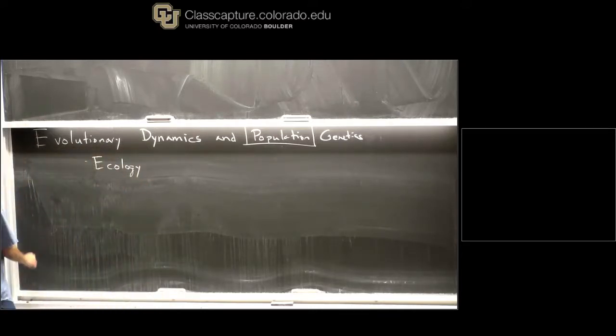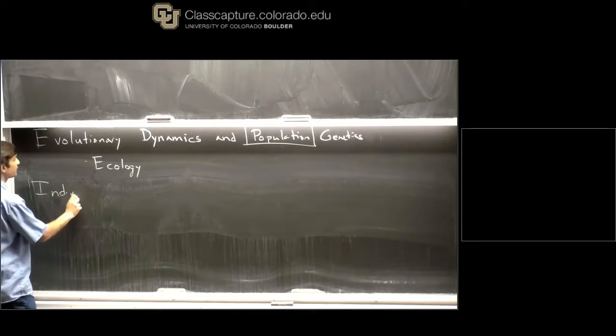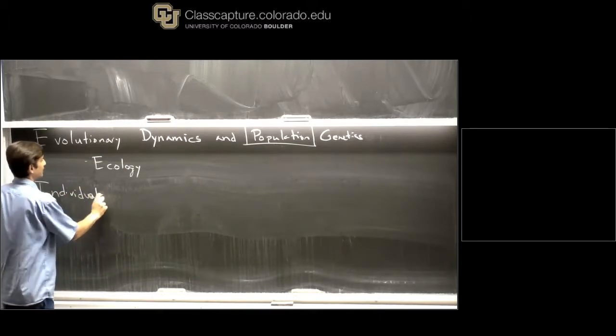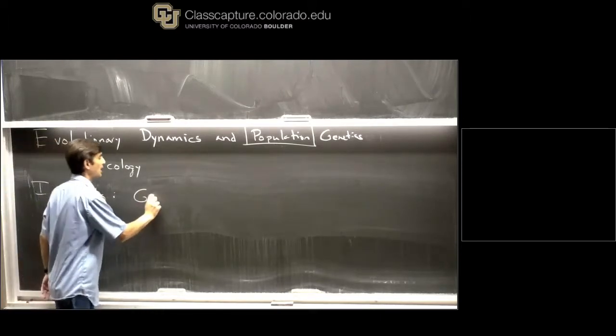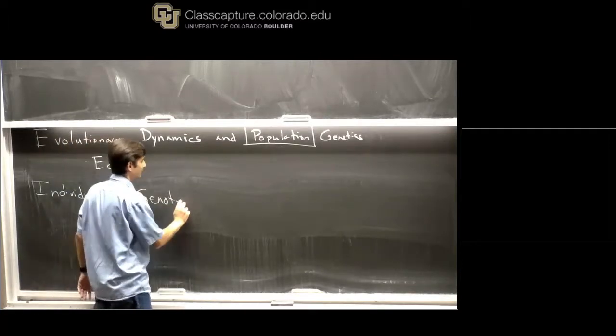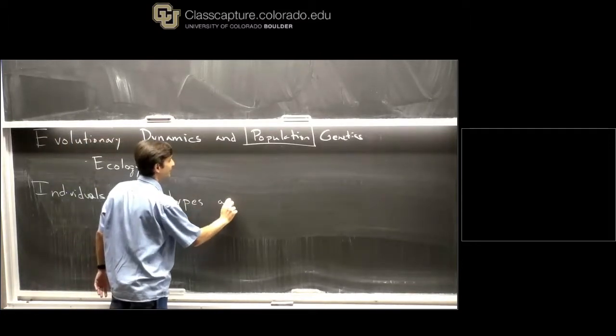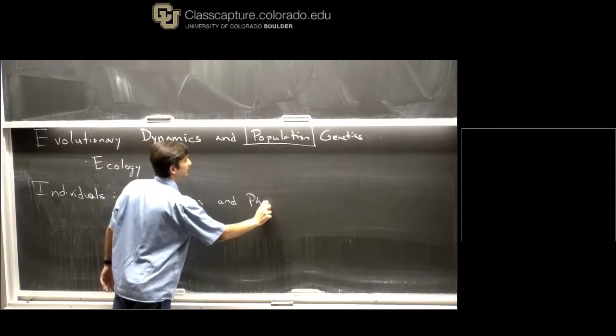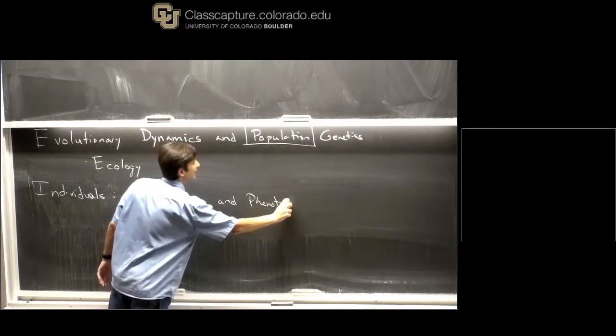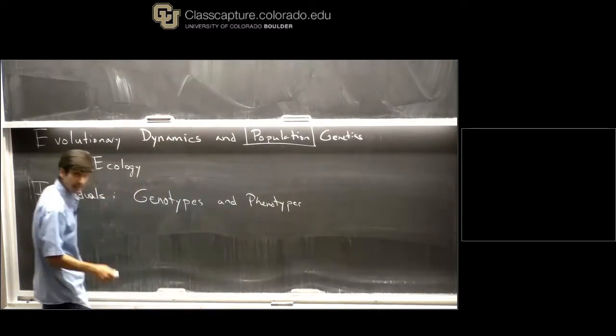All right, so very broadly speaking, what is it we want to understand? The population is, of course, composed of individuals, and they have 2 properties: genotypes and phenotypes. Each individual has a genotype and some set of corresponding phenotypes.